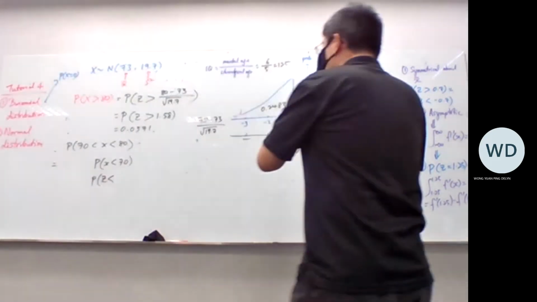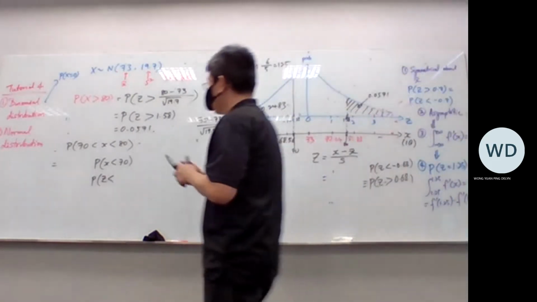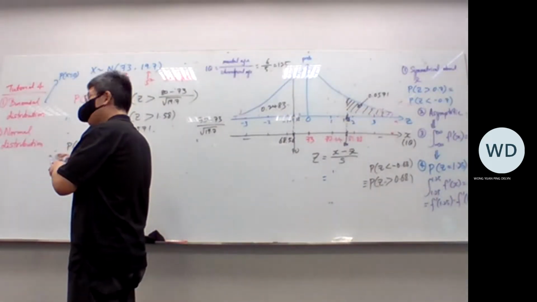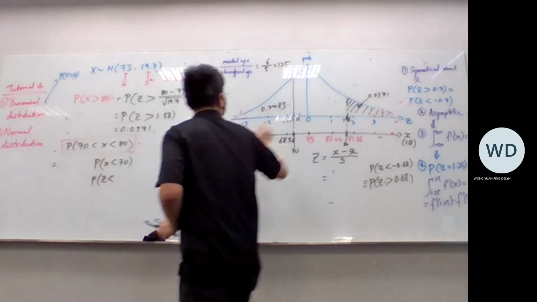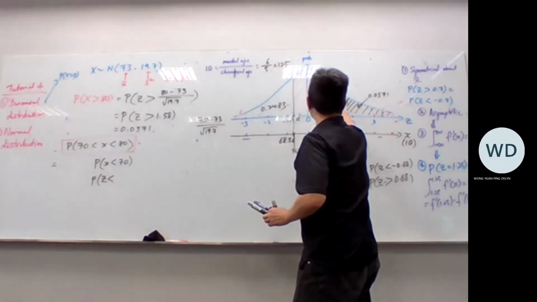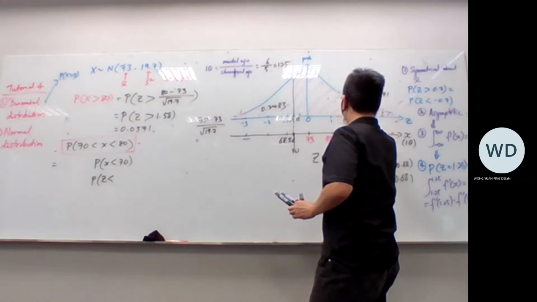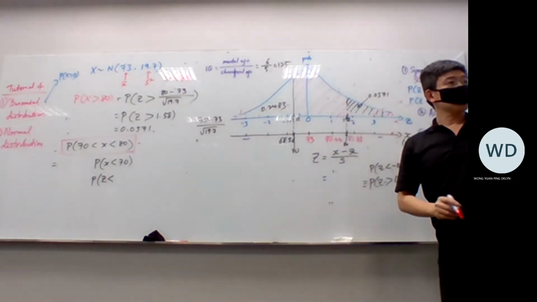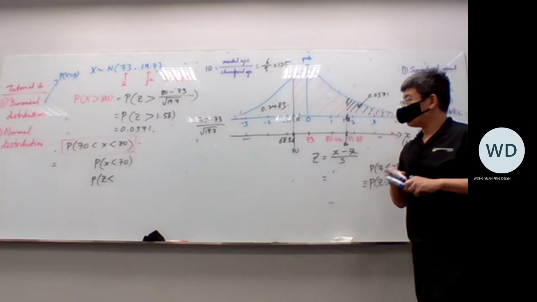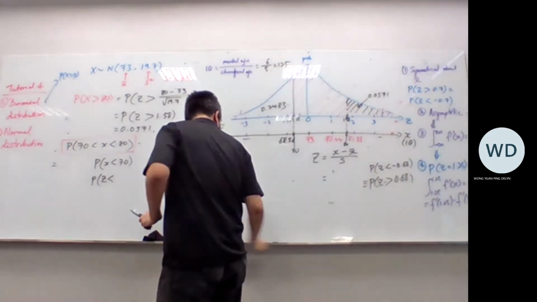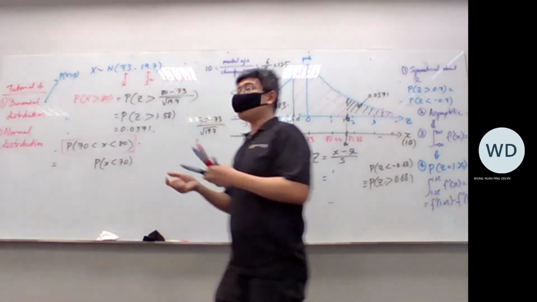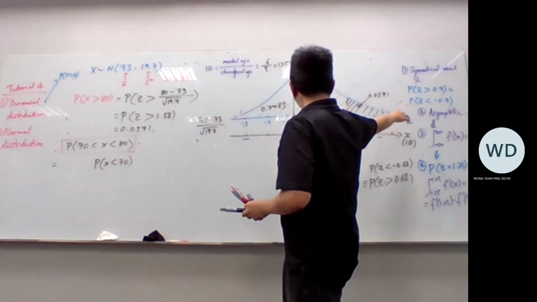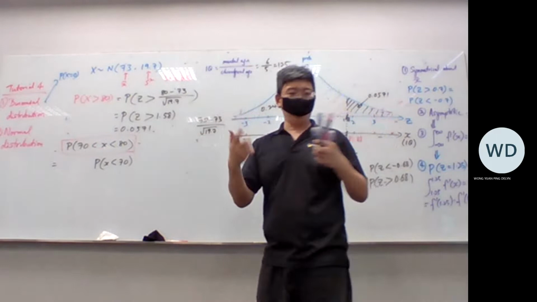Indirectly, this question is asking you what is the red shaded area. So how do you find it? You know the total area is 1.